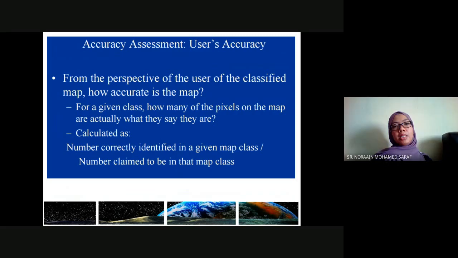Maksudnya, berapa yang betul, yang sepatutnya bahagi dengan berapa yang user dah set. Contohnya, kalau ada kelas water, ada sampel ada 10, 5 betul. So 5 yang betul, number correctly identified in a given map class, sama dengan reference map. And then 10 adalah jumlah yang dalam classified map tersebut.